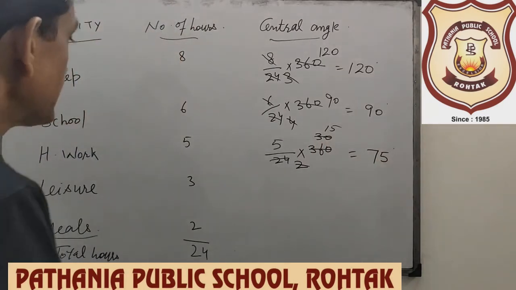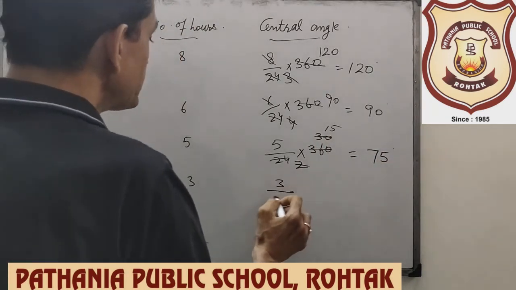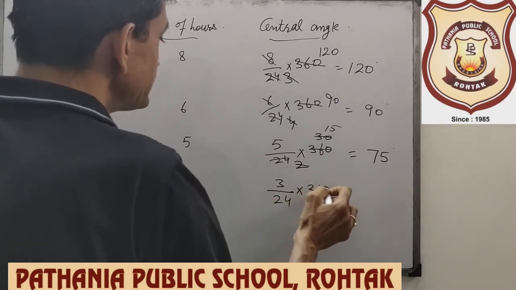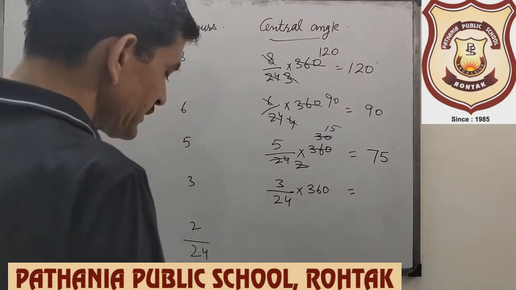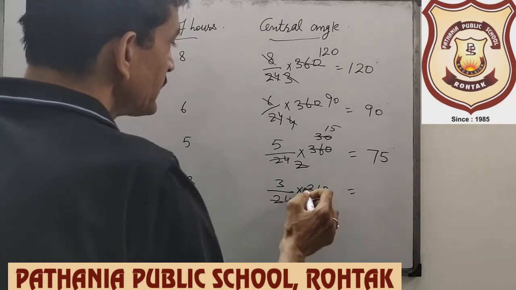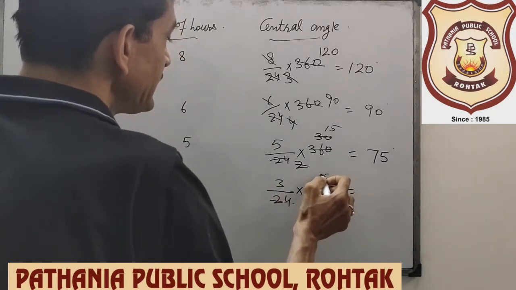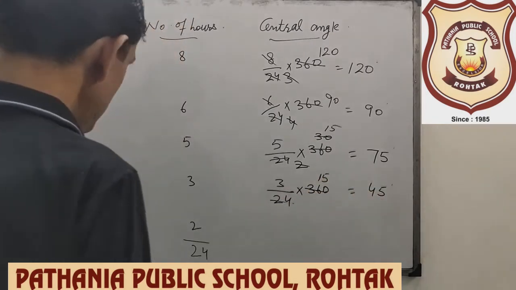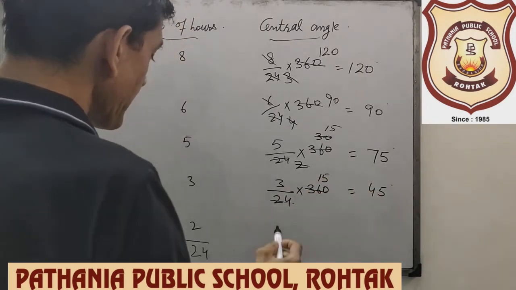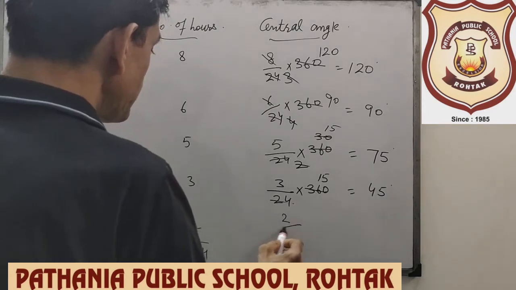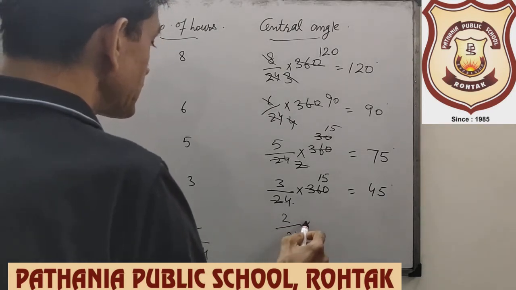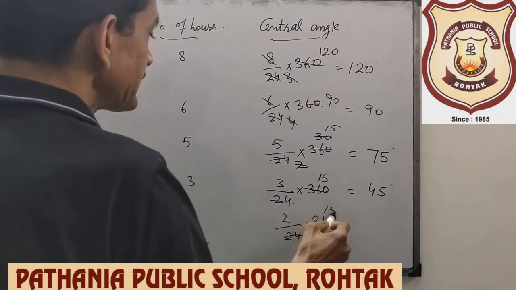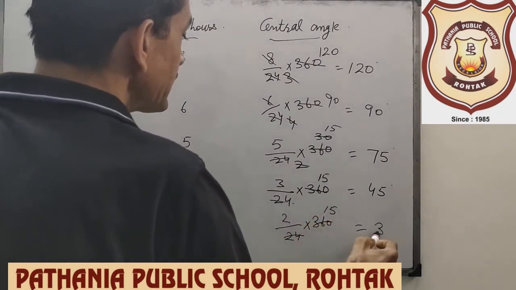Next angle is leisure, 3 by 24 into 360. This is how much? 24 into 15 is 360, so 45 degrees. And meals, 2 by 24 into 360. 24 15s are 360, 15 2s are 30.